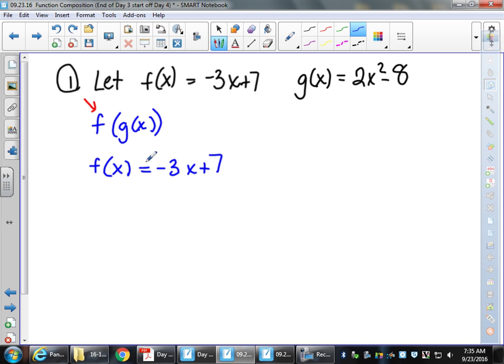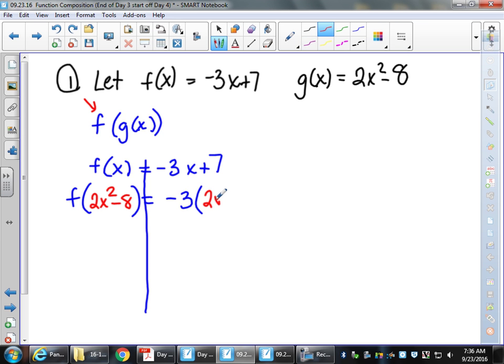And what is going to be substituted into the function f? Right. So my new input becomes what? Exactly. So this means that wherever I see x, this is going to be my new input. So this becomes negative 3 times 2x squared minus 8.